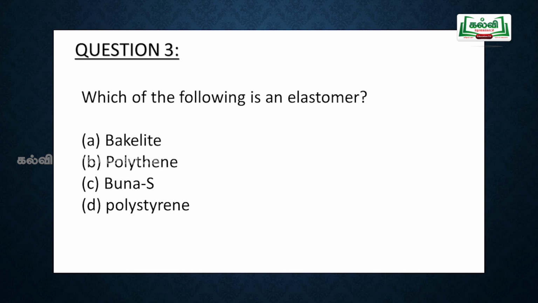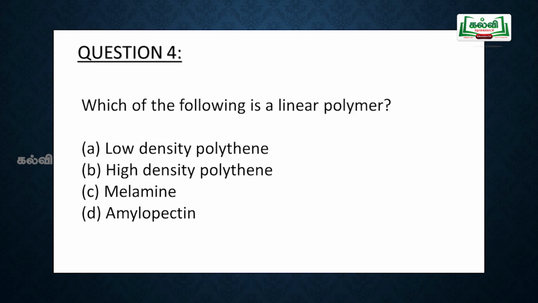Okay. Then next question: which of the following is a linear polymer? Students, you are given 4 options: low density polyethylene, high density polyethylene, melamine, amylopectin. Low density polyethylene is shortly known as LDPE. High density polyethylene is shortly known as HDPE. And the correct option for linear polymer is high density polyethylene, that is HDPE.